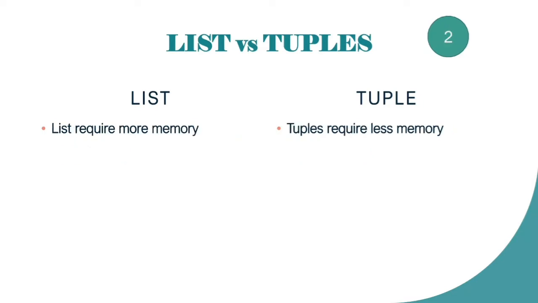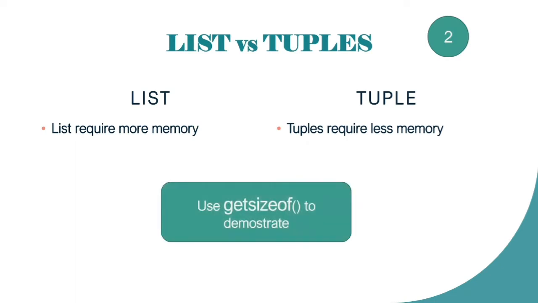Now coming to the second difference, this is a very important difference, which says that list requires more memory, whereas tuple requires less memory. Yes. Talking about memory efficiency, both of them have a significant difference in how many bytes they occupy in memory.